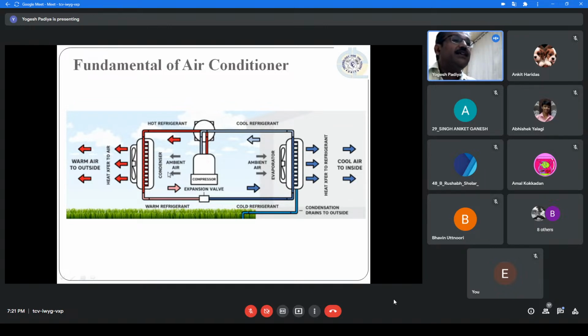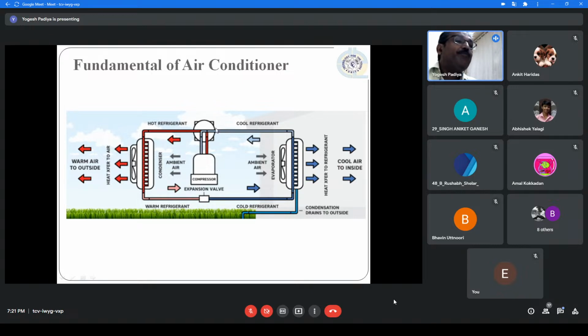In the AC there are four components: evaporator, compressor, condenser and expansion. Now if you want the AC to consume less power, then the condenser shall be of such a size that the amount of pumping required is less.